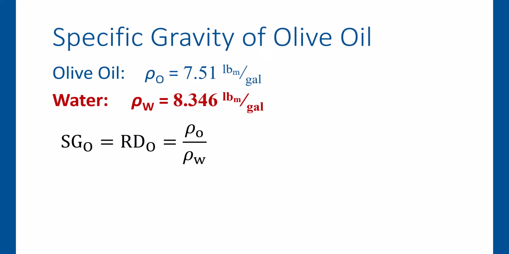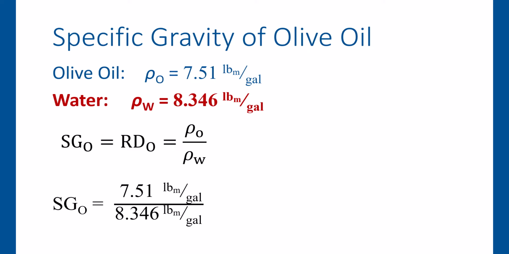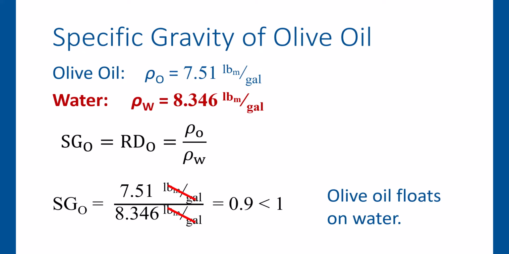Remember that specific gravity, also called relative density, is the density of the olive oil divided by the density of water. Since both densities are in the same units, the units cancel, and we find that the specific gravity of olive oil is 0.9. The specific gravity is less than 1 because olive oil is less dense than water. That is why oil floats on water.